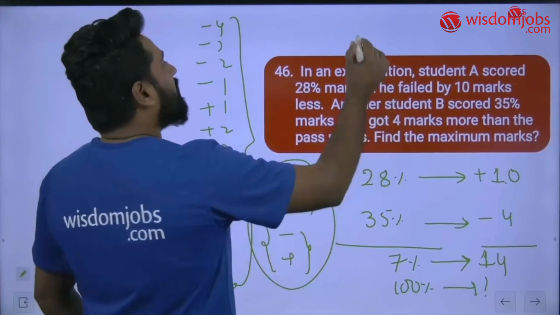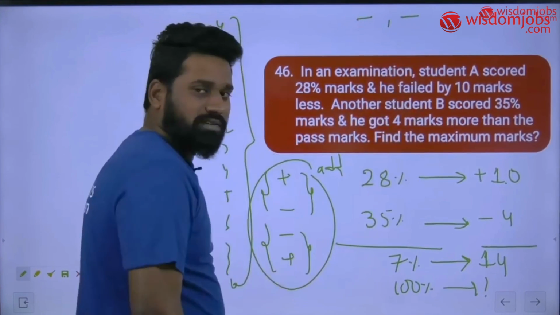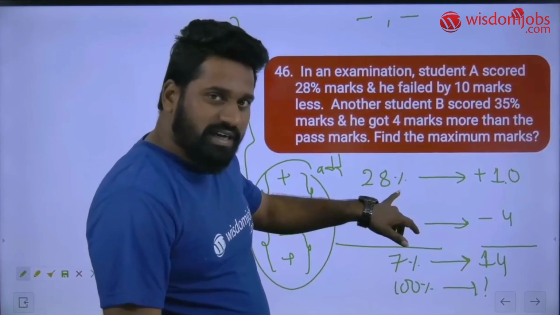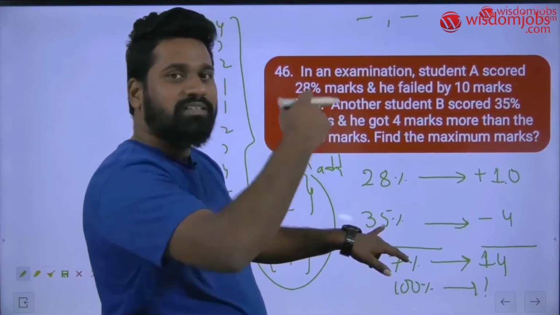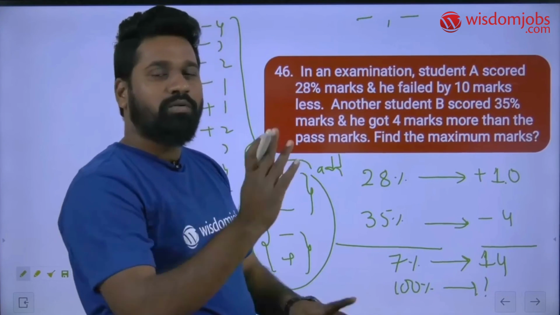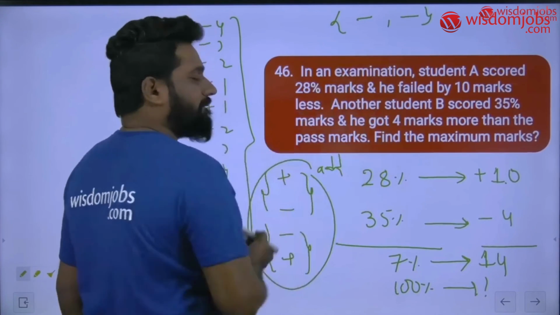For example, you are getting a minus and minus combination. That means the first person got 4 marks more than the pass, the second person got 6 marks more than the pass. In both cases you got more marks, so that is the minus case.